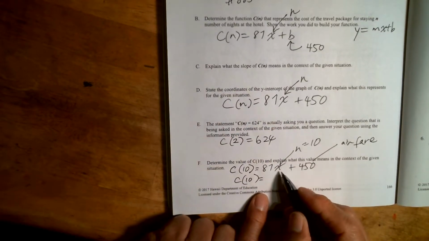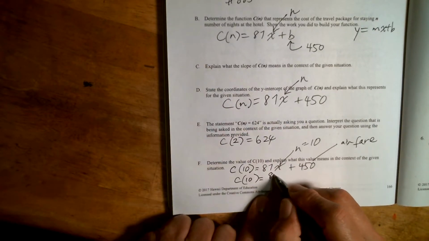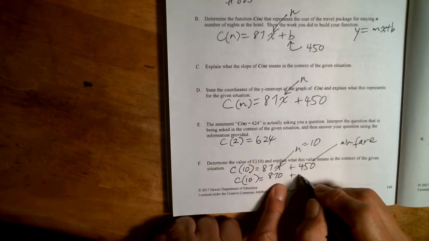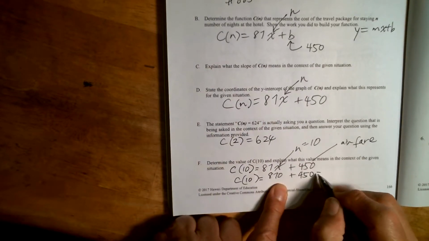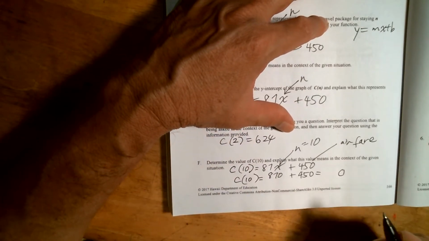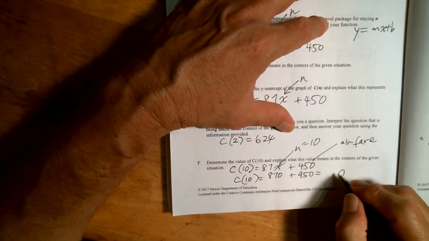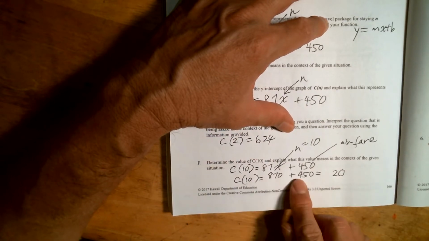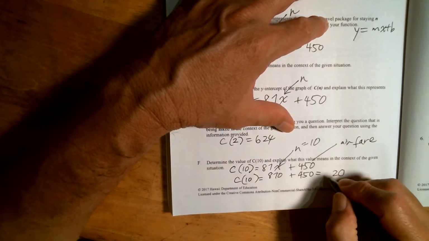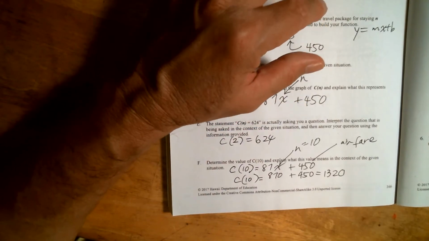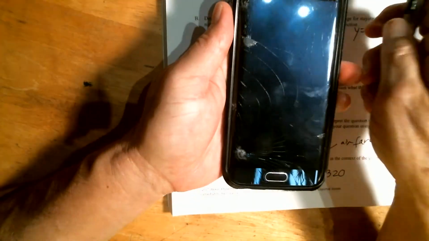If we substitute 10 in for n, that would be 870 plus 450, which would give us a total of $1,320. Let's double check that.